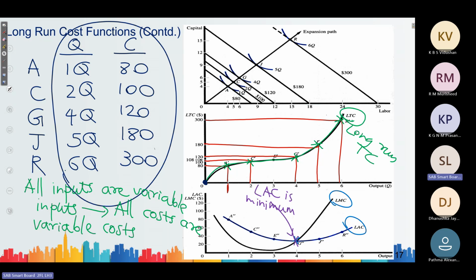When long run average cost is minimum, long run marginal cost and long run average cost are equal. It happens because of the nature of the long run total cost curve.